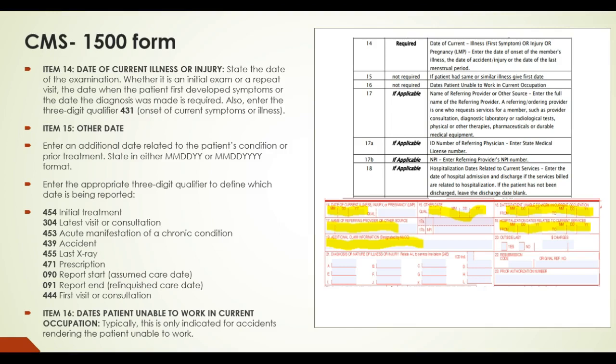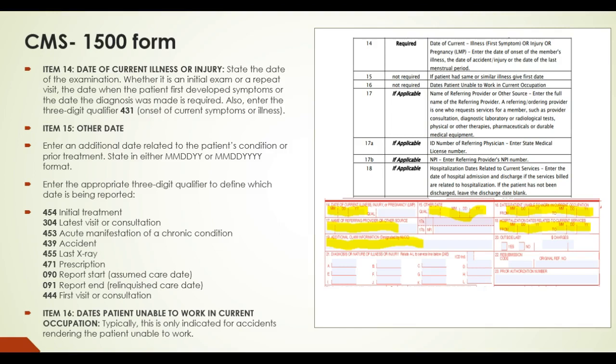And the doctor asks you, okay, so what date did this start? And you can say, oh, it started about a week ago. So the doctor is going to put in that particular date of that current illness or injury. So you want to make sure block 14 is complete.